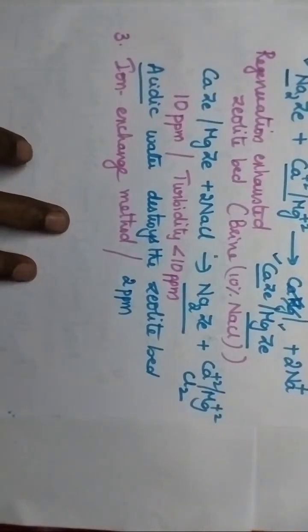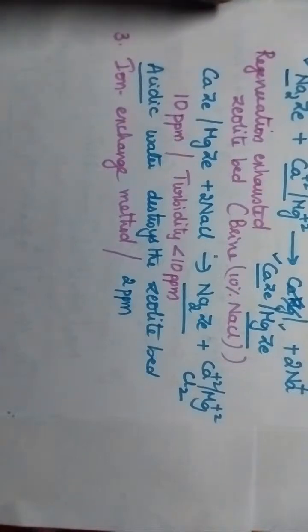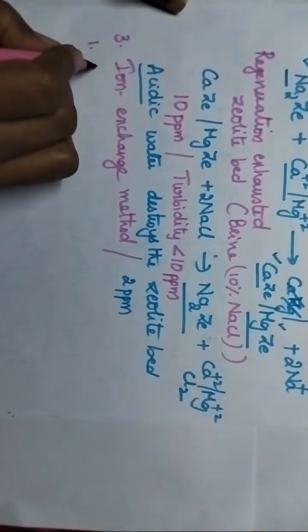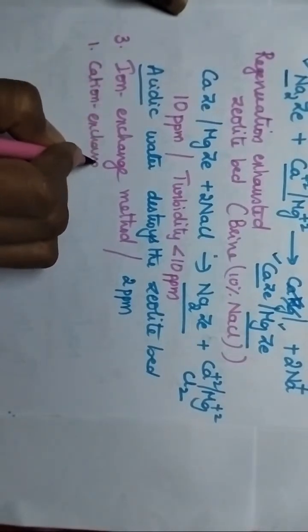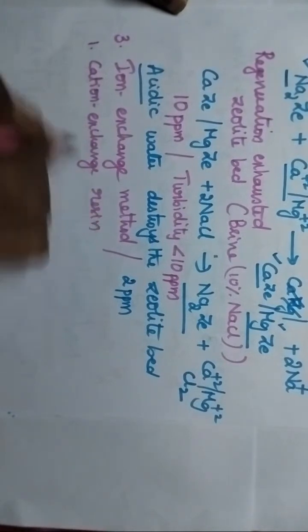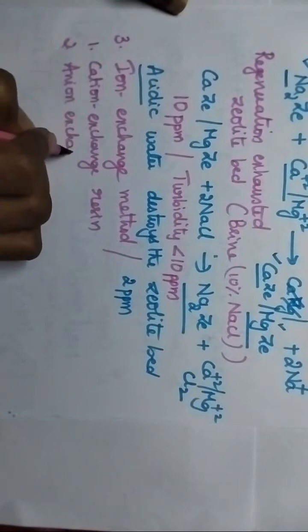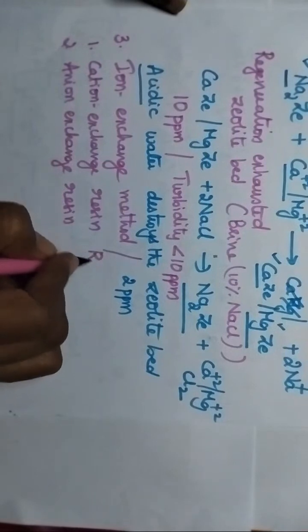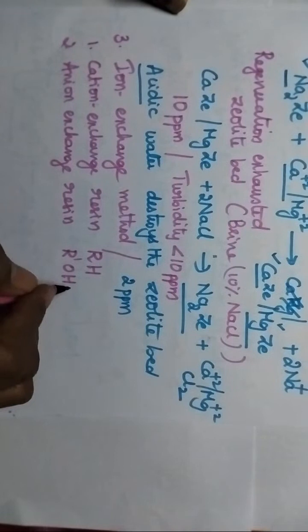The ion exchange process is also known as the deionization process or demineralization process, which involves the usage of two ion exchange resins, one being cation exchange resin and the other anion exchange resin. Simply, cation exchange resin can be represented as RH and anion exchange resin as R'OH.